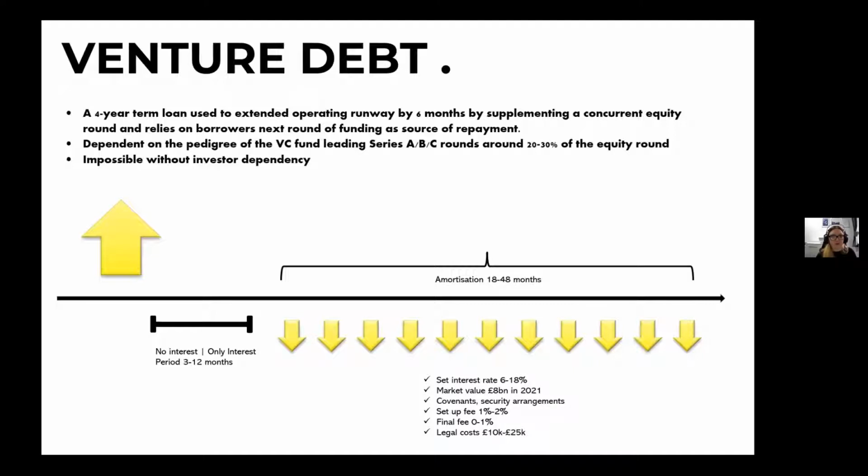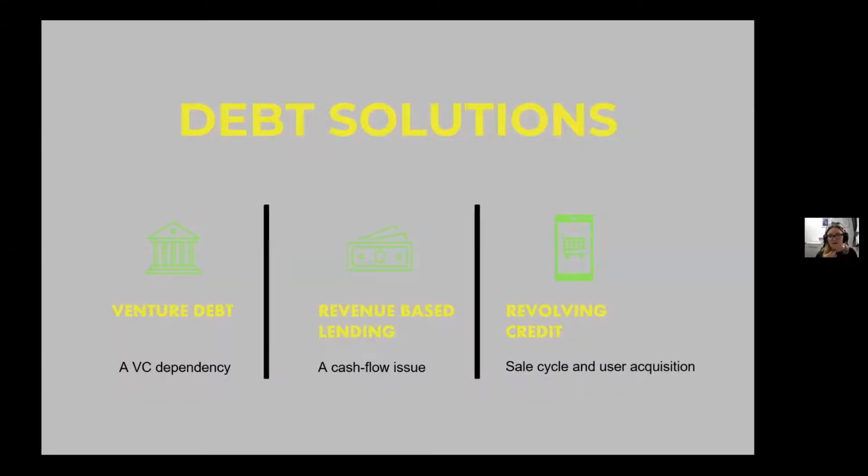And the legal costs, because this is not a copy and paste exercise, are still between 10,000, maybe up to 25,000, depending on where you are, depending on your lawyer, depending on a number of complex issues. So this is, in all fairness, something that you should consider when you have a very, very clear purpose of what you want to do with it. And we'll look at a purpose afterwards in just a few slides.